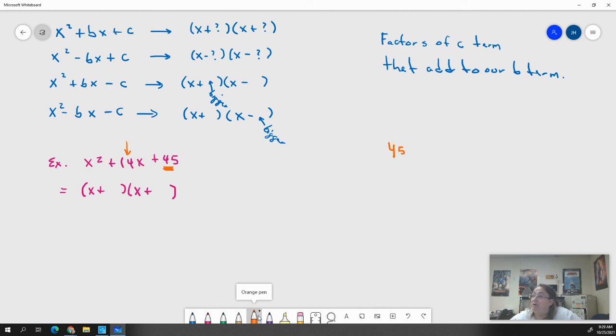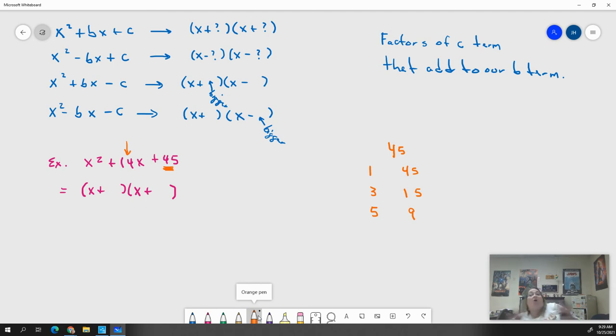So if we look at 45, and I did my factors, I go, well, I have 1 times 45. 2 doesn't work. 3 does work. 3 times 15. 4 doesn't work. 5 times 9. 6 and 7 don't work. 8 doesn't work. But 9 we already have.